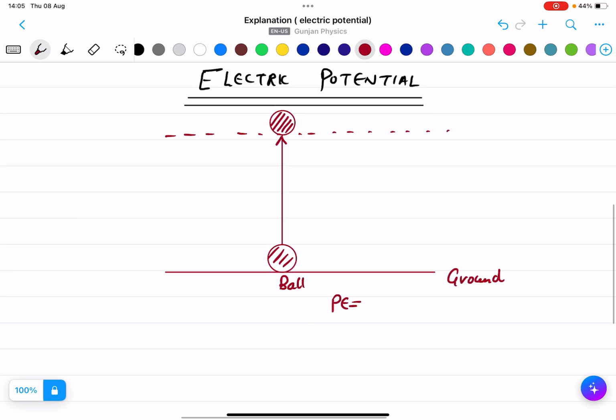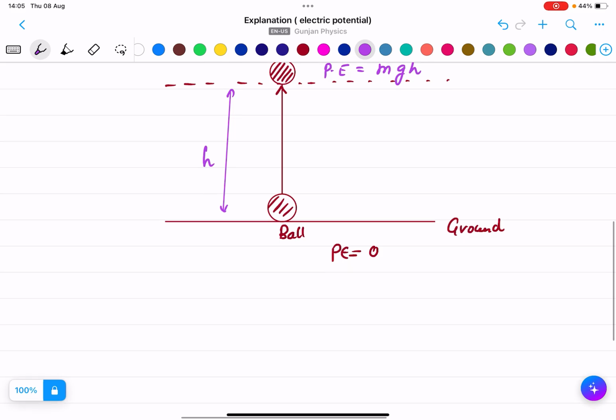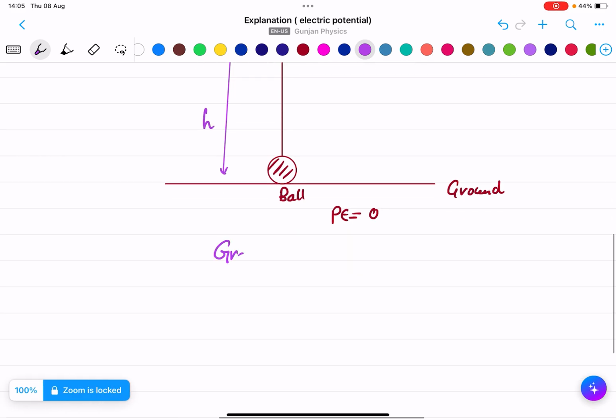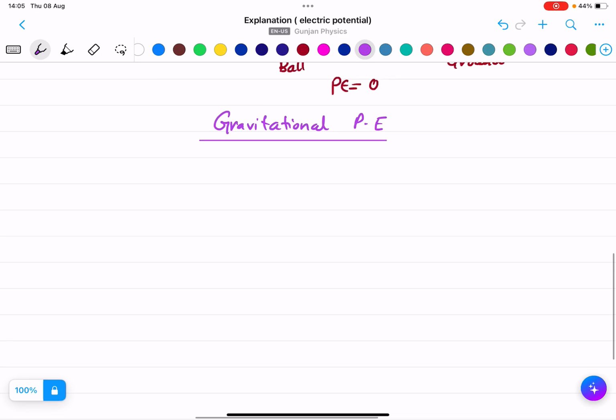But when it attains a height h, the potential energy equals mgh. This is the gravitational potential energy.